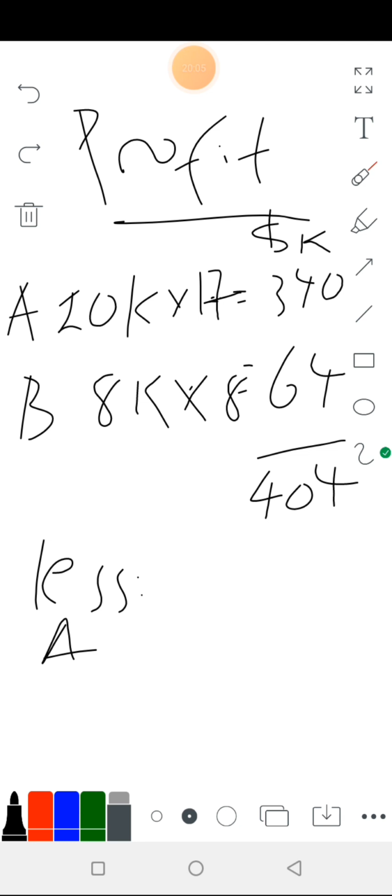So we are going to say $15 multiplied by 20. Remember, it's 20,000 multiplied by 15.